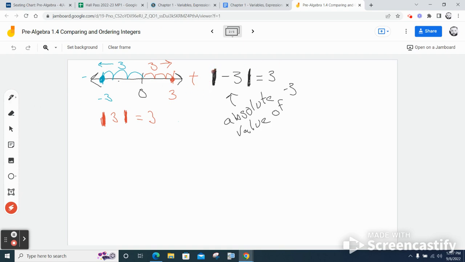So these lines right here, we call these absolute value brackets. So if I were to say to you, what is the absolute value of -3, you would be saying, oh, you're 1, 2, 3 spaces away from 0. So the absolute value of -3 is 3.